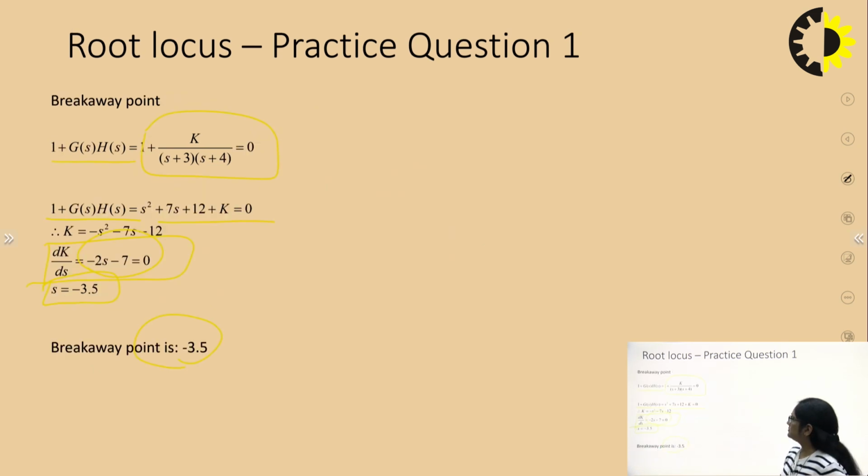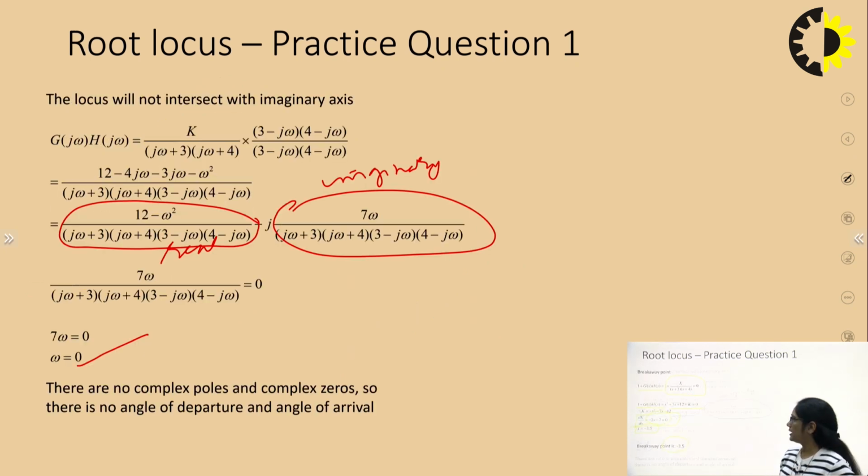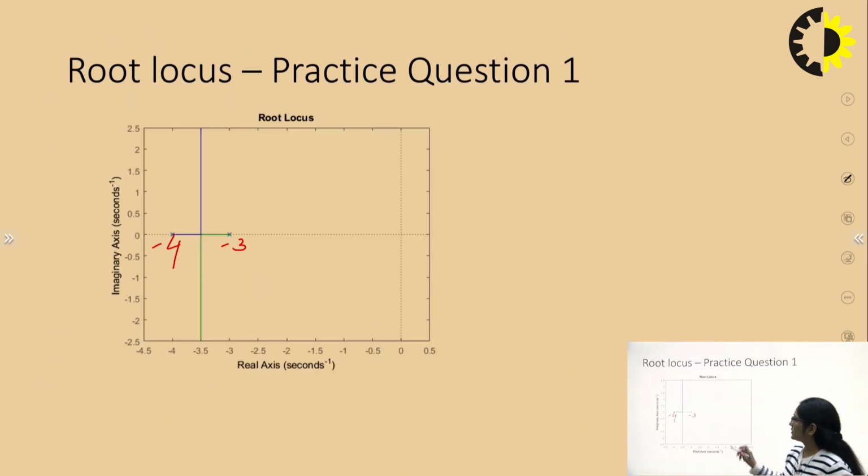So in this system, we have neither a complex pole nor any complex zero, so this system will not have any angle of departure or angle of arrival. So this is what we have plotted, and this is the MATLAB sketch for ready reference.